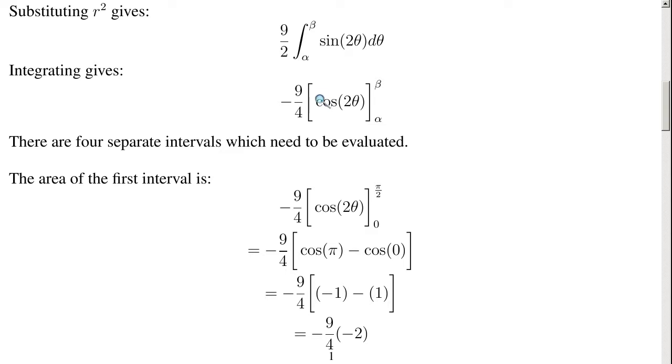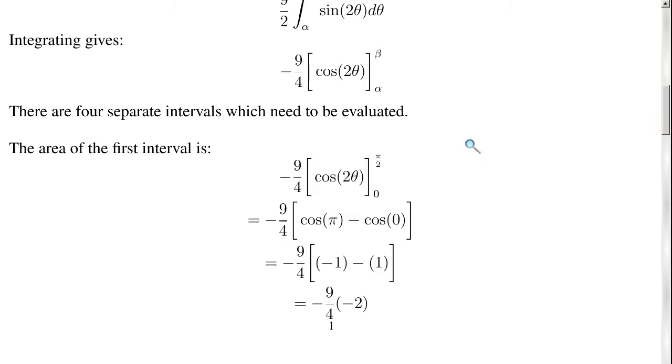I put the negative out in front, and the divide by 2, I put that out in front. So now we have negative 9/4 cos 2 theta, evaluated with upper limit beta, lower limit alpha. Okay, this is what we're going to use repeatedly when we're evaluating each section or each interval.